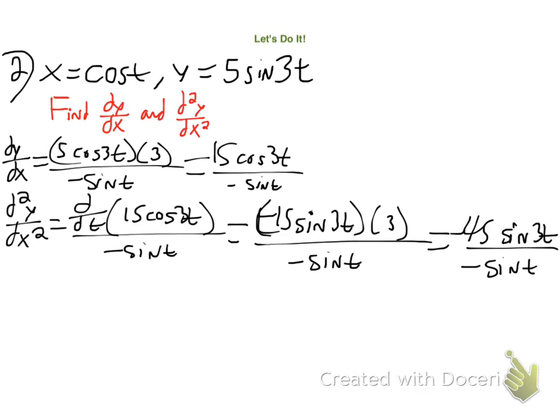Oh, the negative signs cancel out, so you just have 45 sine of 3t over sine of t. Once again, you cannot combine these sines because one is the sine of 3t, one is the sine of just t. And that is literally it. That's the first derivative and the second derivative right here.